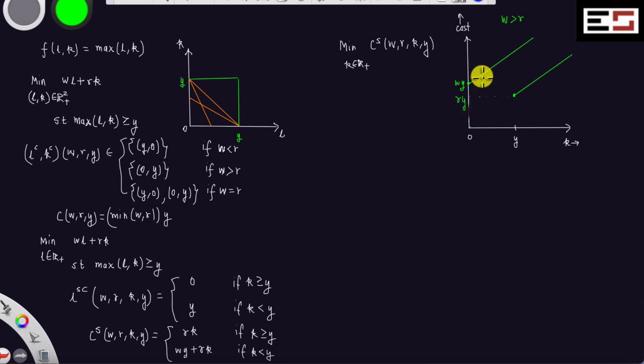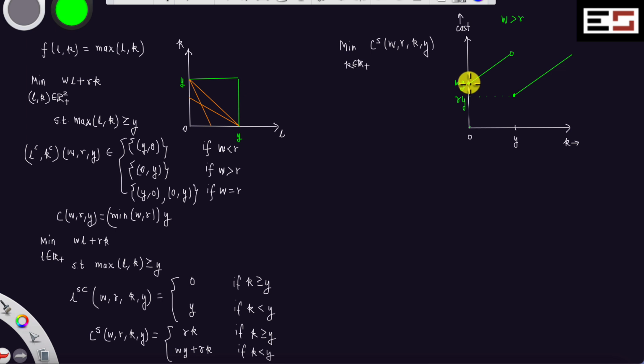Okay, now notice that it is wy plus rk till this point, and here it jumps to this point, and then this is how it's going to look. So can you tell me where is the cost minimum? Where is the short-run cost minimized? If you want to minimize the value of this function with respect to capital, where do you think it's minimized?